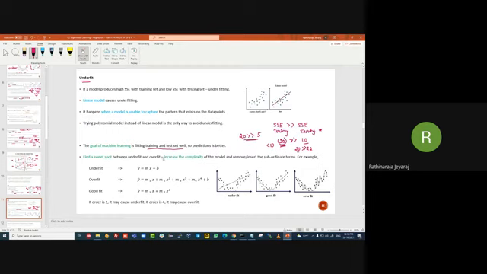So the goal of machine learning is to fit the training and testing set very well so that the prediction is better. I need to find the sweet spot between underfit and overfit, somewhere in between, so that my sum of squared error in training and testing time are almost equal or approximately equal. For example, for underfit, I use the equation y equals mx plus b.